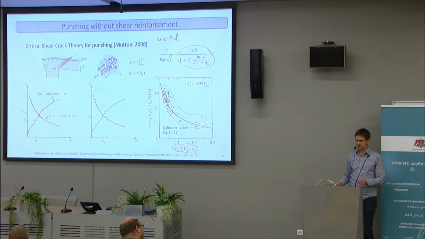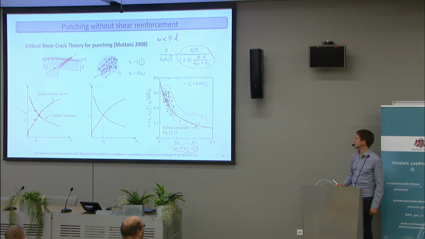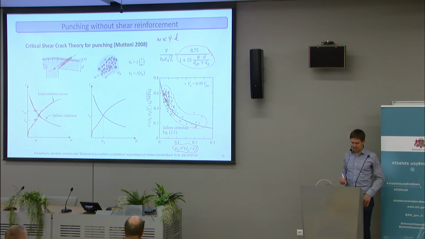So basically, if we want to use it for design, then we would need to calculate the rotation for a given load, and if it's smaller than the failure criterion for the same load, then it doesn't fail. The strength is guaranteed.